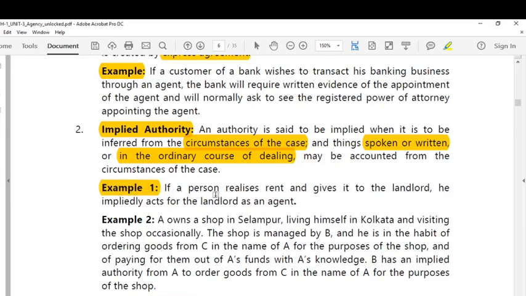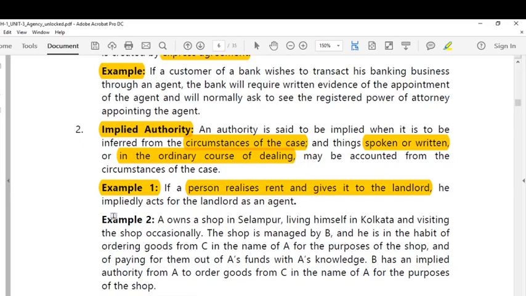Right. If a person realizes rent and gives it to the landlord, he impliedly acts for the landlord as an agent. If a person collects the rent and gives it to the landlord, what is happening here? Here that person who is collecting the rent and giving it to the landlord is acting as an agent.